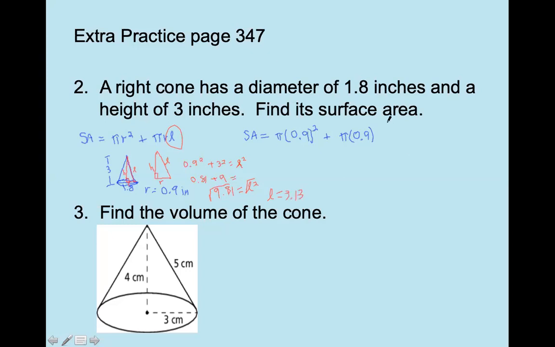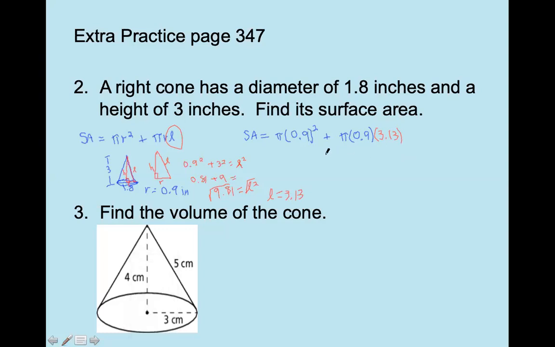Okay, so now I'm going to go back to my surface area formula, and I'm going to put in the slant height. All right, so now I'm going to put it all together. I'm going to go back to my other pen color.